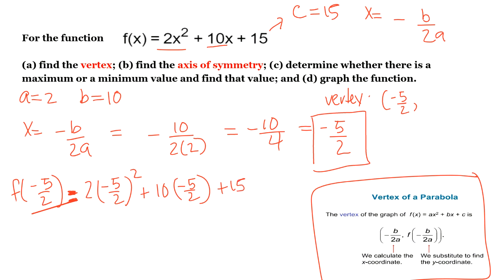Okay, so here, before we multiply 2 times the negative 5 halves squared, we need to do the squaring part first. So negative 5 squared is 25. 2 squared is 4. Now I can reduce that to 25 over 2.